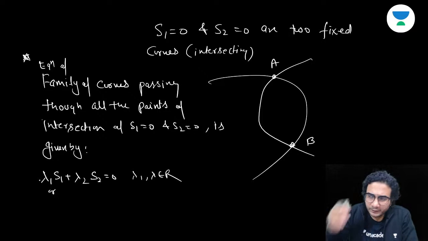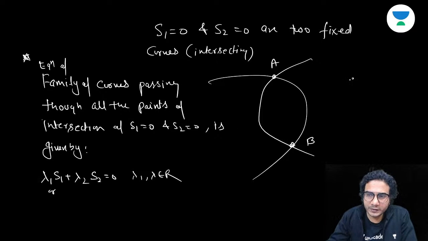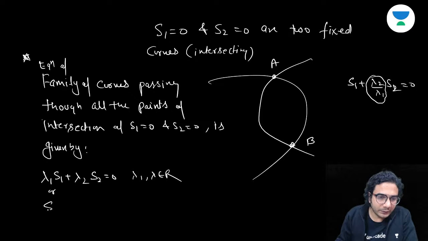Or if you divide by lambda 1, the equation is written as S1 plus lambda 2 upon lambda 1 S2 is equal to 0. Taking another parameter lambda, you can also write this equation as S1 plus lambda S2. These two are the same thing.